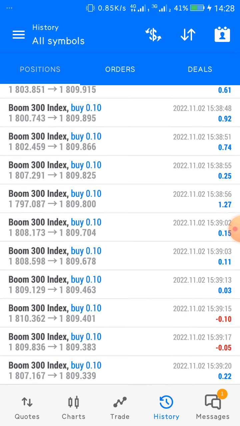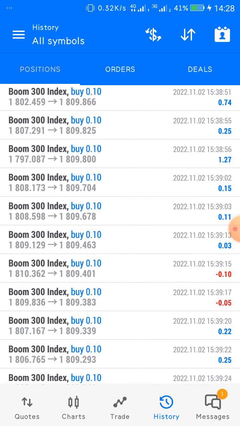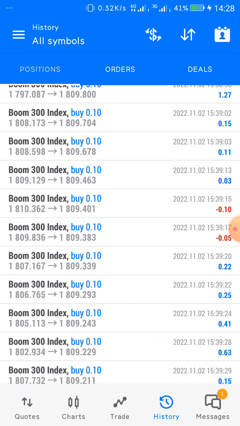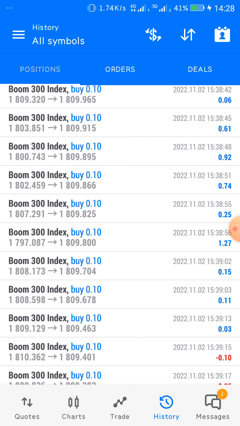So at the end of the day, most of the trades, because the way I trade is, whenever I see those signals, I open multiple positions, because I know the spike is definitely going to happen.